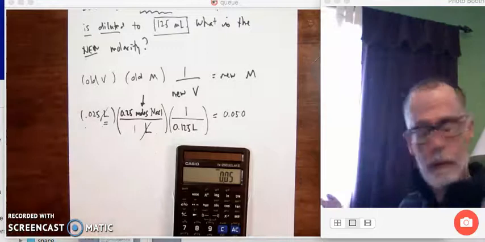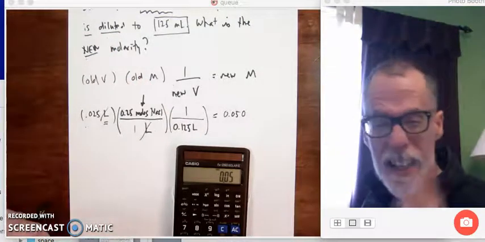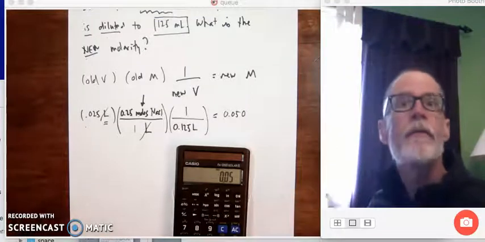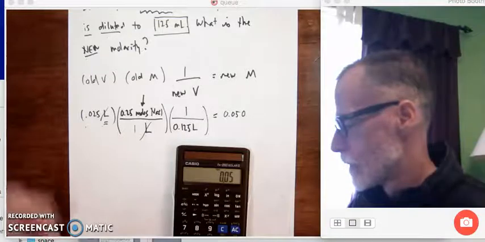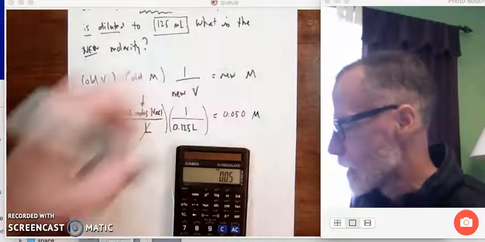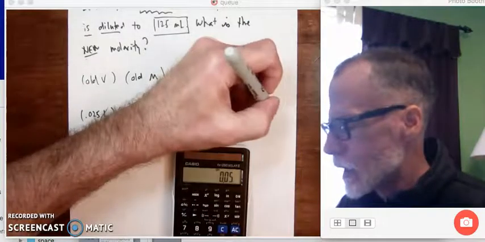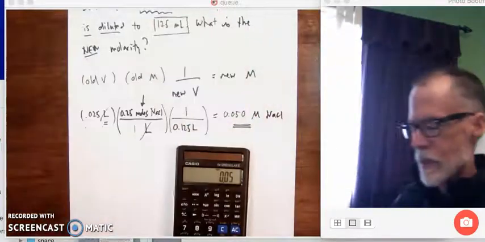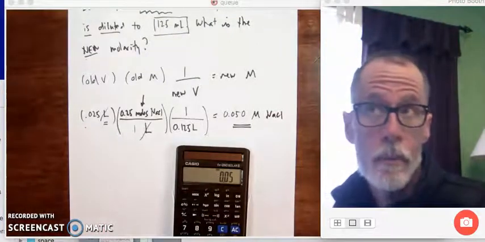They're gone. But look at this. This moles does not cancel with liters, and it shouldn't, because I want the final answer to be molarity. Molarity is a ratio. So this moles and that L turn back into an M, repacked back together, and then NaCl.